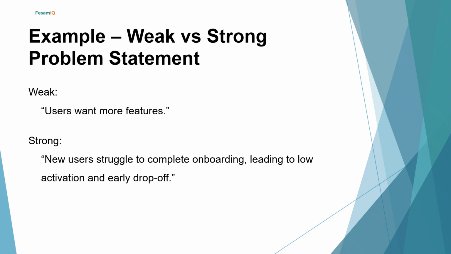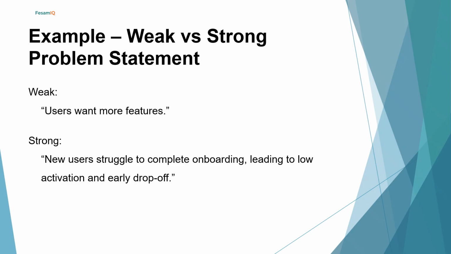Now let's look at the strong problem statement. New users struggle to complete onboarding, leading to low activation and early drop-off. New users, the who. What's the problem they are having? They struggle to complete onboarding. And what's the impact of the problem?